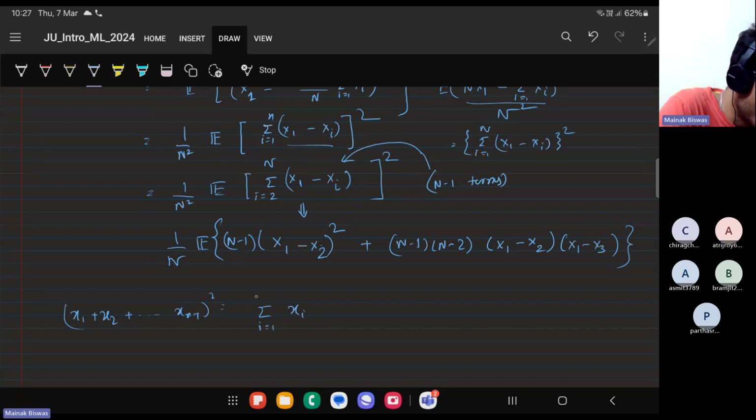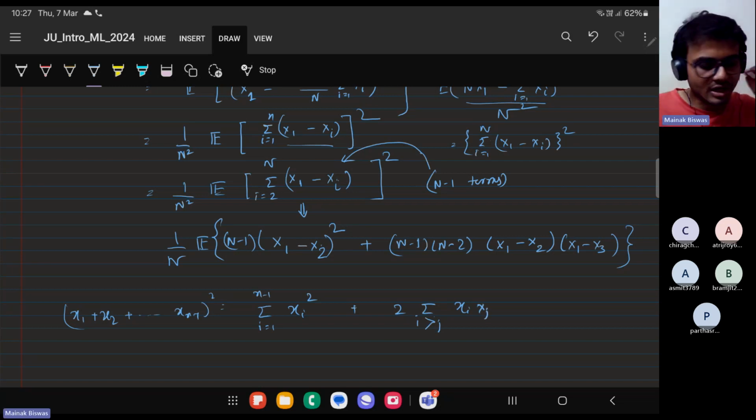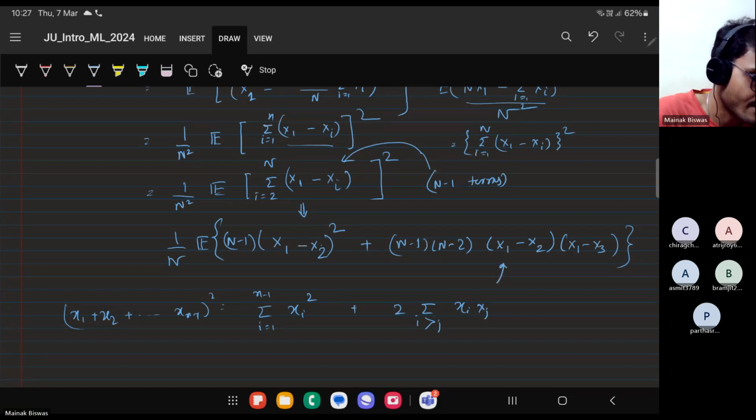So i equal to 1 to n minus 1 xi square plus 2 into sum over i not equal to j, or i greater than or equal to j, xi xj, right? If there are two terms, x1 square plus x2 square plus 2xy. The childhood formula, right? Same thing I've written or not here?